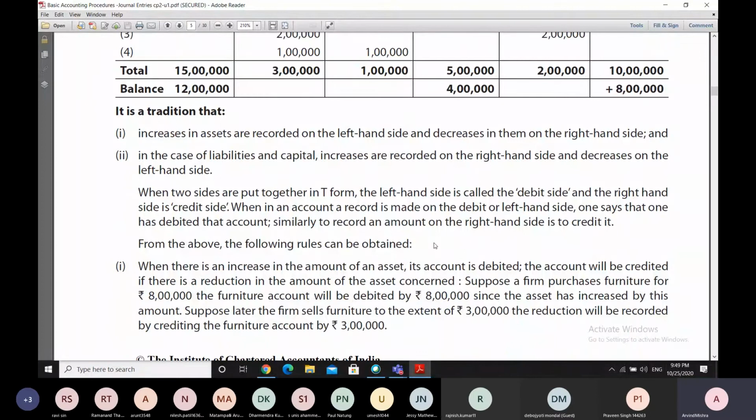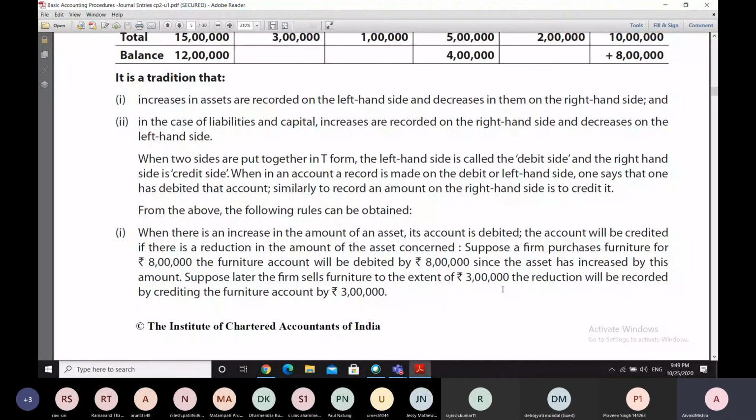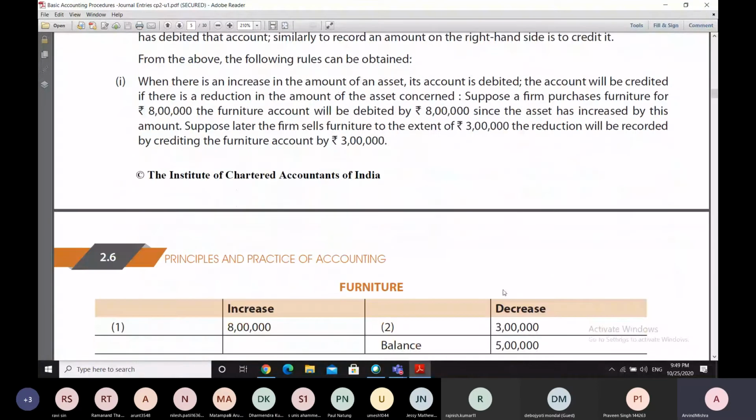Let us say, for example, that a firm purchases furniture for 8 lakhs. So the furniture account will be debited because the furniture is increased by 8 lakh rupees, because the asset has increased by this amount. Supposing later on the firm sells the furniture to the extent of 3 lakh rupees, the reduction of the furniture value will be recorded by crediting the furniture account by 3 lakh rupees.